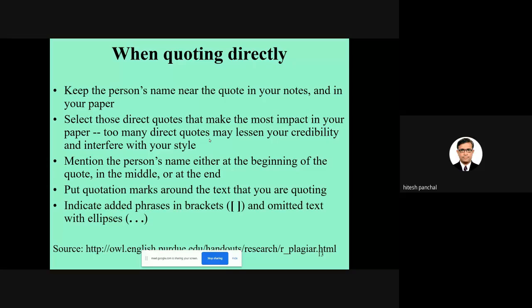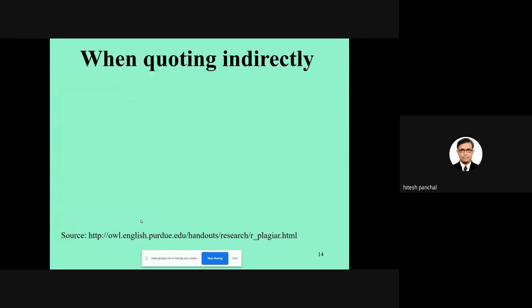Then indicate added phrases in brackets, as shown here, and omitted text with an ellipsis. Please understand very clearly that whenever you quote directly, the added phrases should be in brackets and omitted text with an ellipsis.